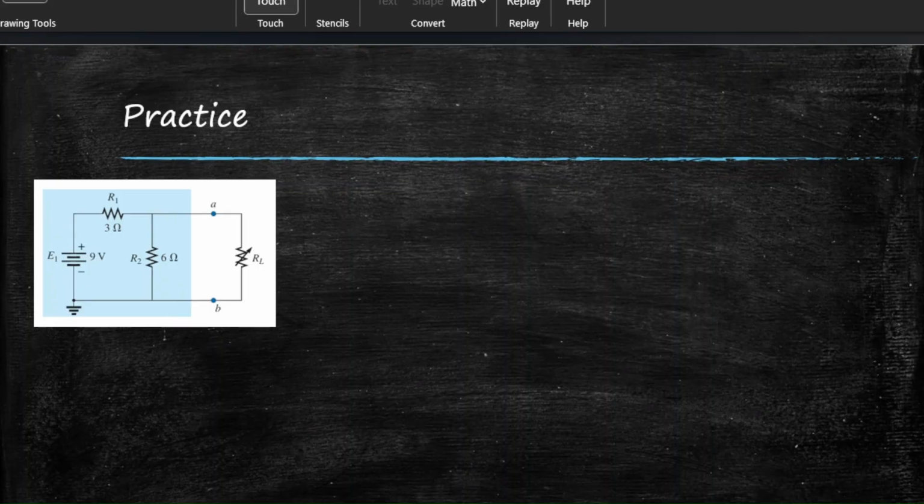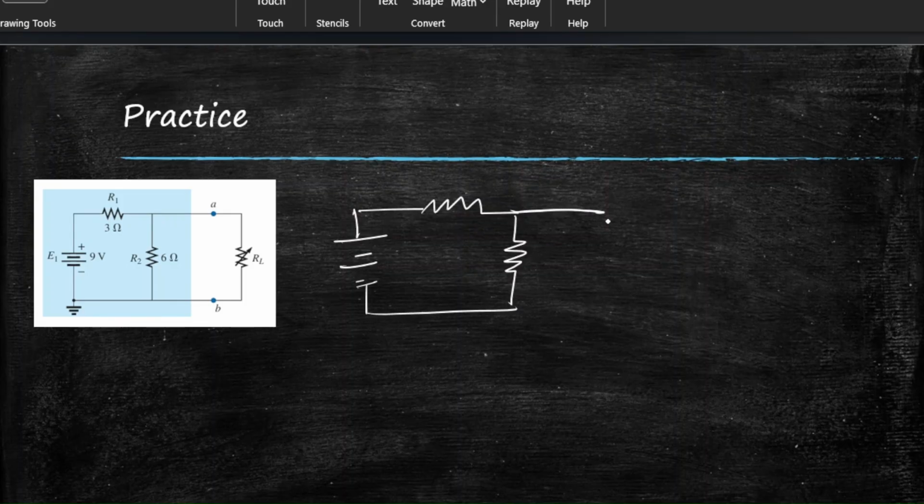So this RL, we'll remove it. Okay, let's redraw the circuit without the load resistance. Removing the load resistance means there will be an open circuit.